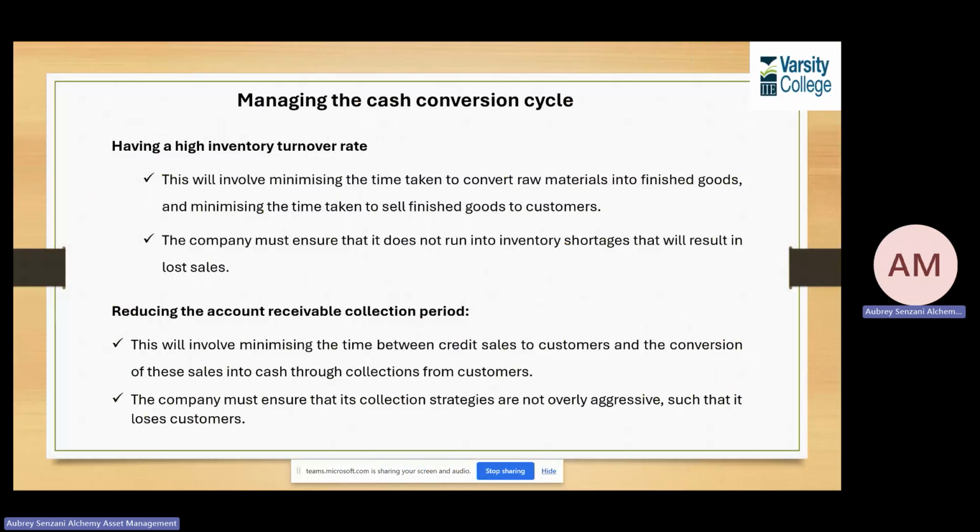The less time we give people to pay us, the more money we have in cash a lot sooner. The company must ensure that its collection strategies are not overly aggressive. All right, this is where we start to create tension in the relationship, calling people too much, right? Such that it loses customers.